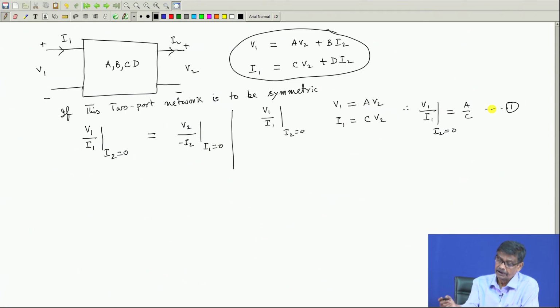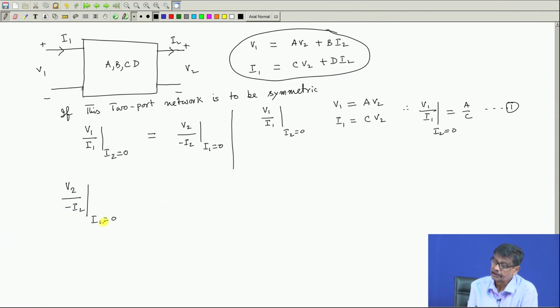Now, I have to calculate V2 divided by minus I2 with I1 equal to 0. To calculate that, first let us see from these equations what we get.